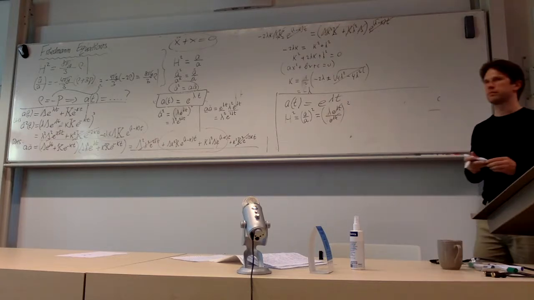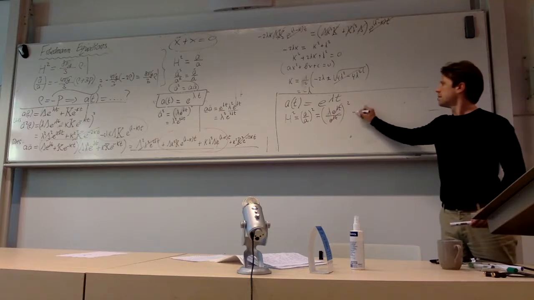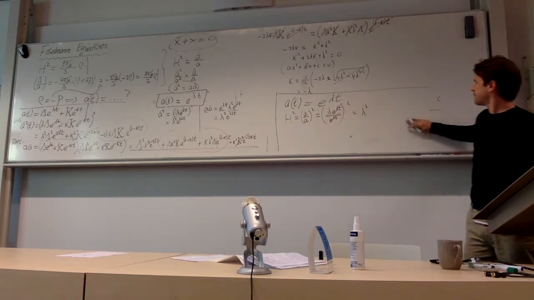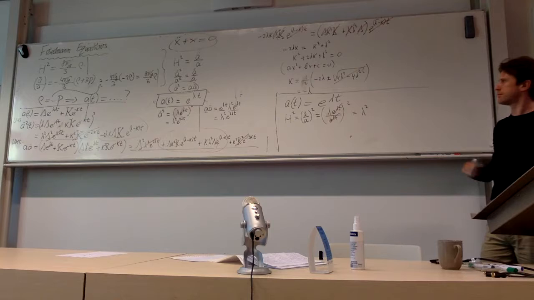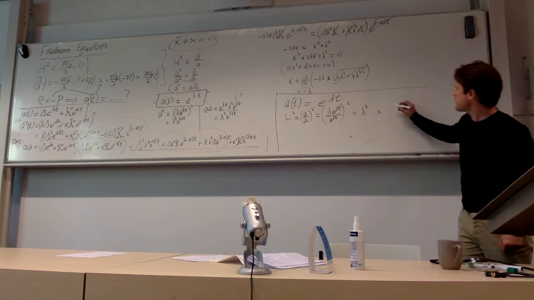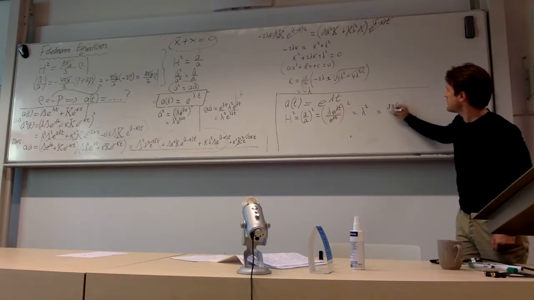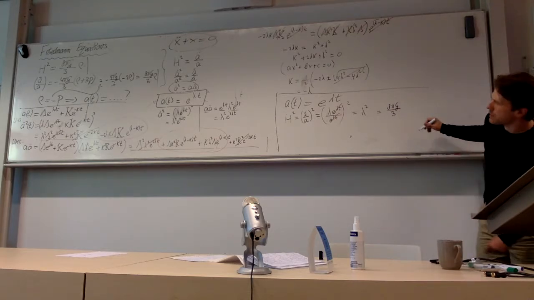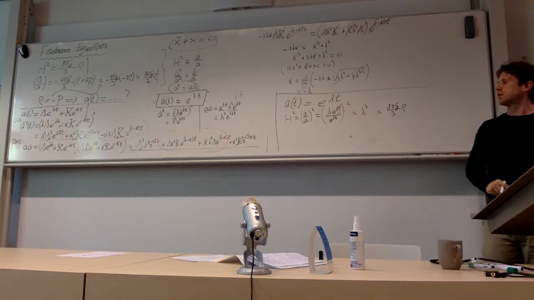Drops out, drops out. Lambda squared equals what? Right-hand side, which is 8 pi G over 3 with some c squared somewhere in a row.